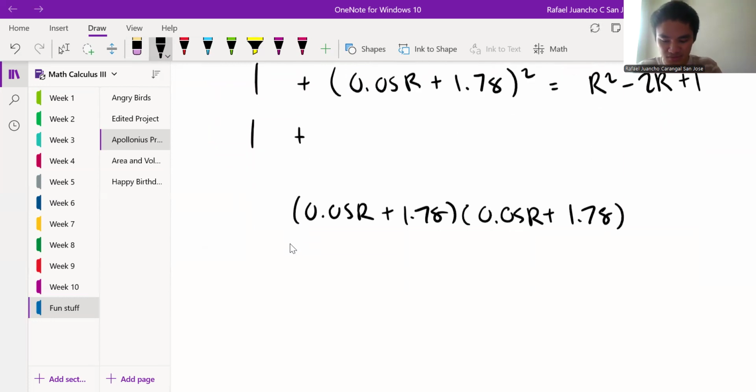0.05 squared, that's this. And then I multiply by 1.78. I get 0.089. I do the same thing, so I just multiplied by 2. This is r squared. And then I do this.